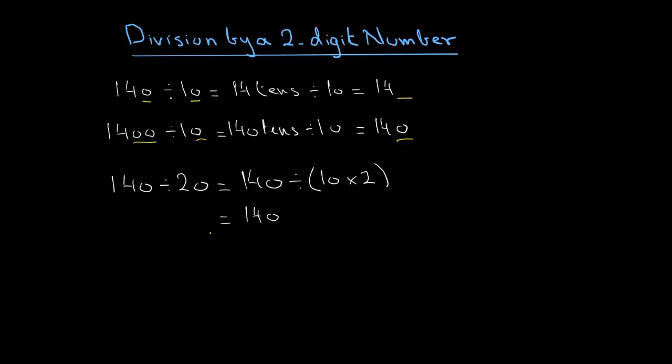So then the answer is really 140 divided by 10, and then you divide the result by 2, and we know this is just 14 divided by 2, so it's equal to 7. Again, the cancellation idea applies because you are cancelling this 0 with this 0, so you're just dividing 14 by 2. That's how people think about these computations.